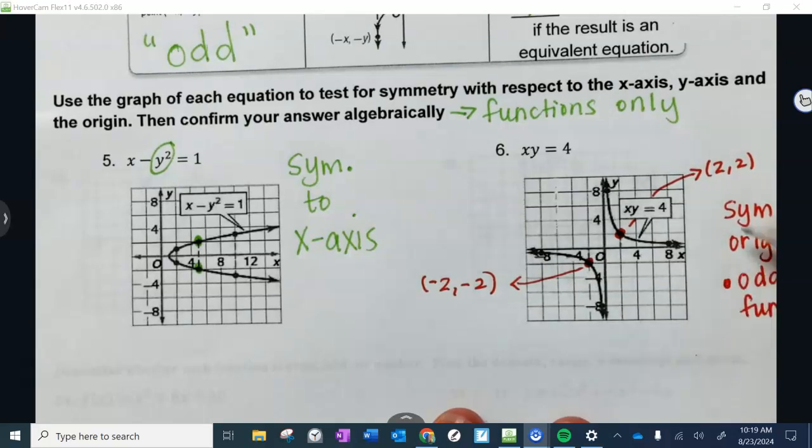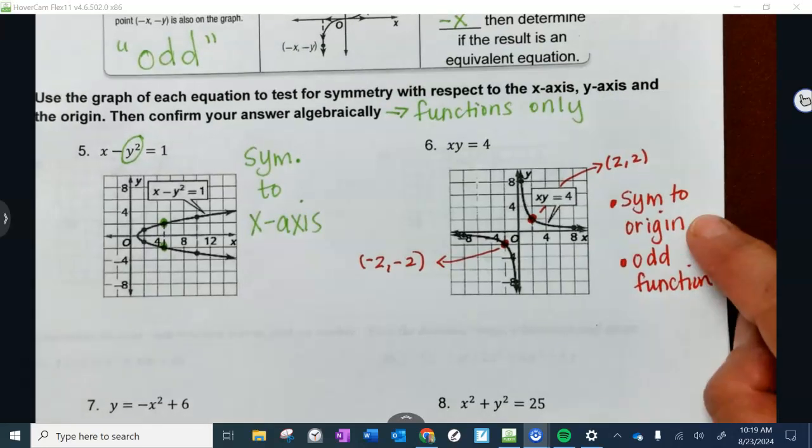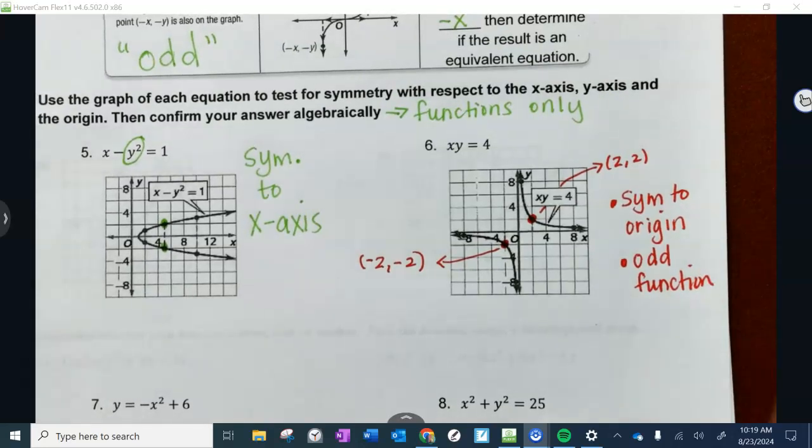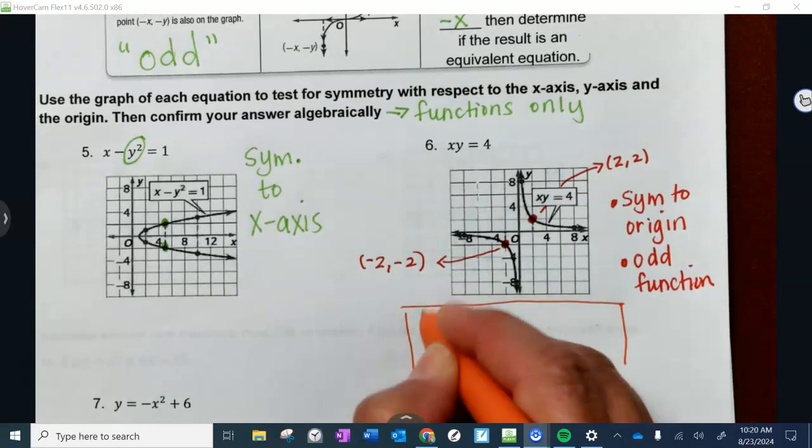Number 6 has 2 attributes. Symmetrical to the origin and also an odd function. So real quick, let me just prove this algebraically for you. So down here, I'll show the proof.